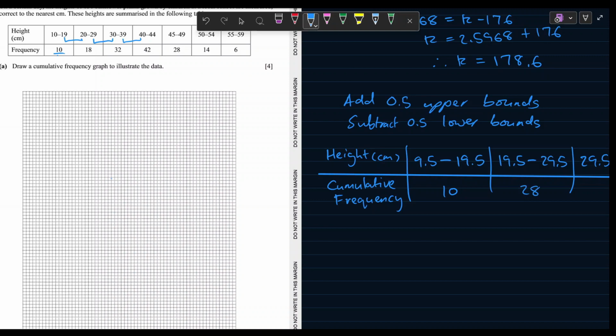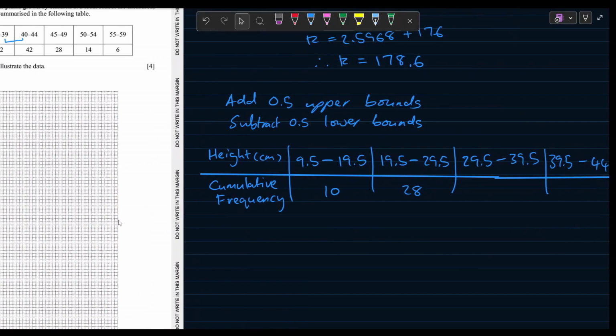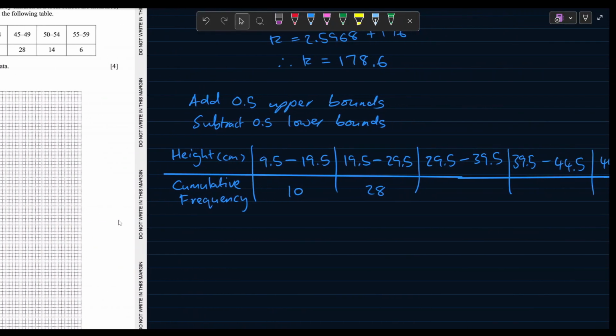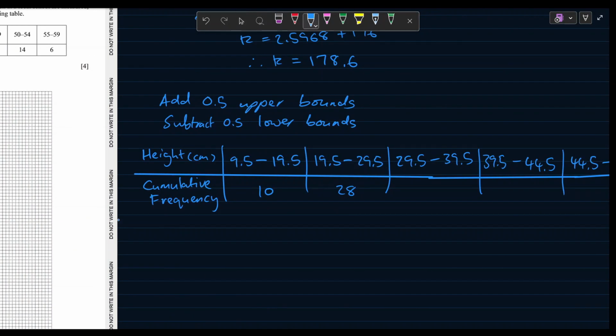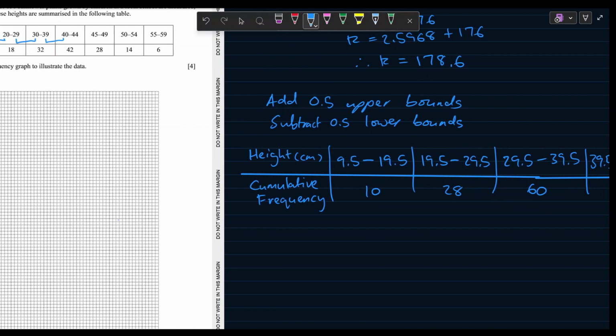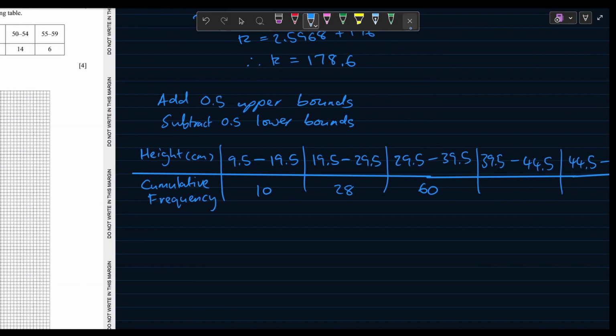For the third class, it's the frequencies of the previous two classes plus its own. So it's going to be 28 plus 32, which is, my math is very poor, that's 60. Then for the next class, the 40 to 44 one, it's going to be 42 plus 60, so 102.